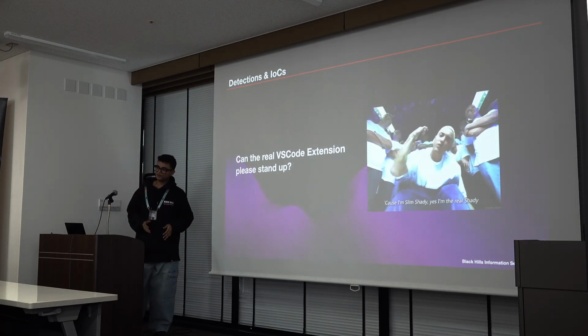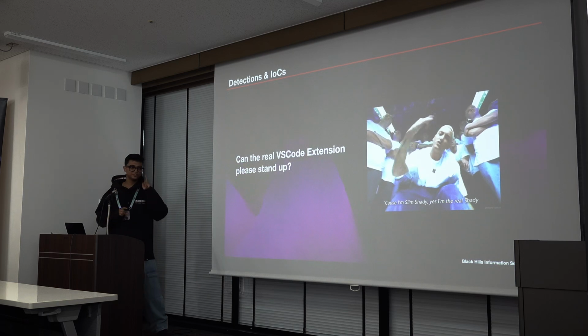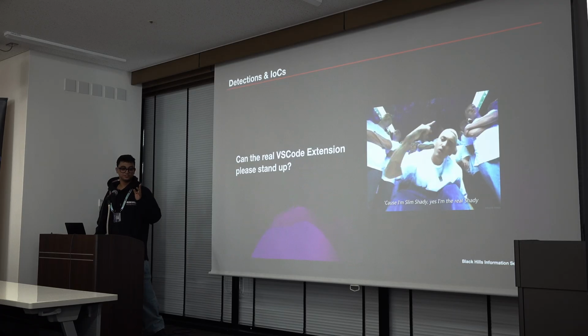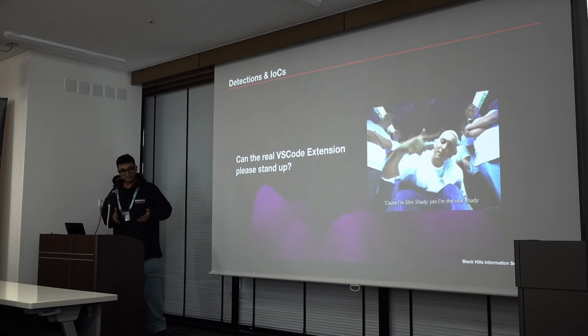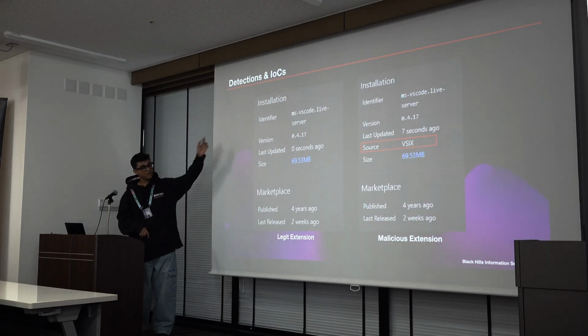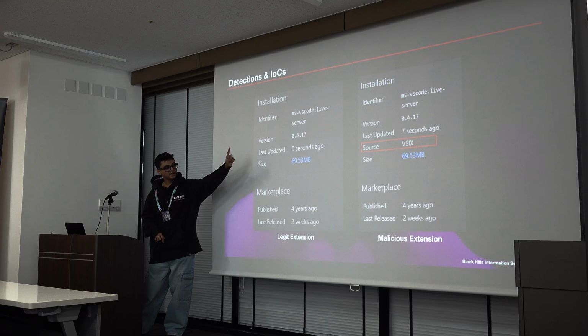So if I'm being honest, I've not been truthful with you, there's one visual difference when you install an extension using, let's say, the command line, which is this. Right under the installation page, there is one difference, whereas in the malicious extensions, it says VSIX.